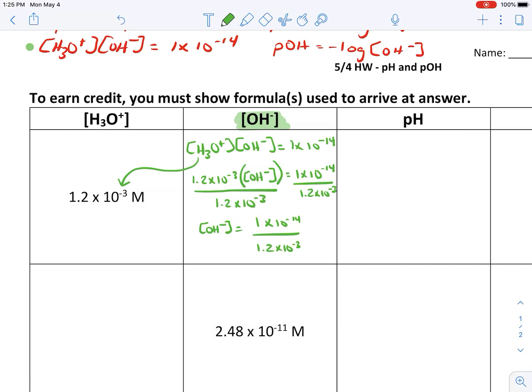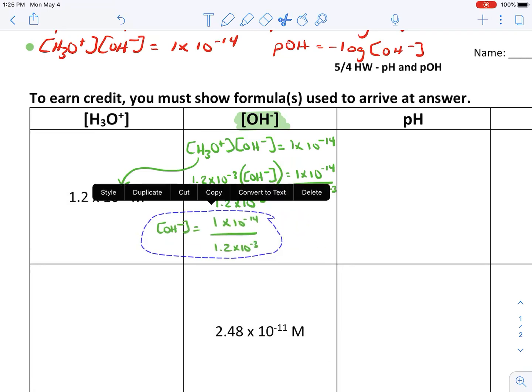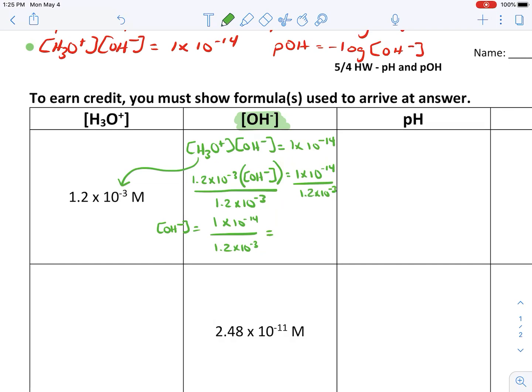Let me move this over just a little bit so we have room to put our answer. The answer is 8.3 times 10 to the negative 12th, and our label on that is molarity. That's our first answer. Hopefully that makes sense to everybody.